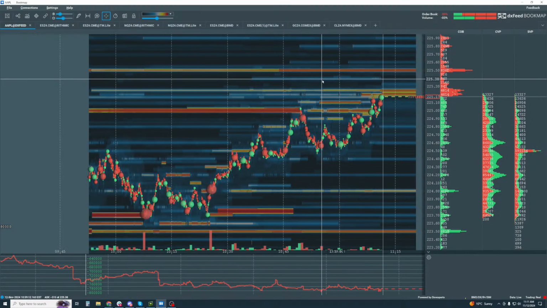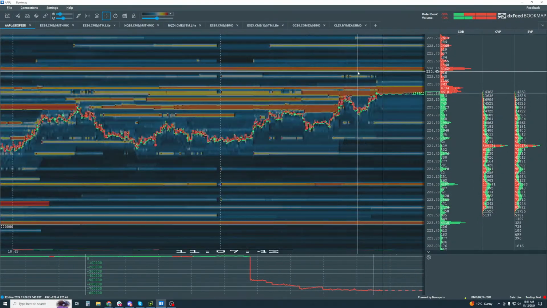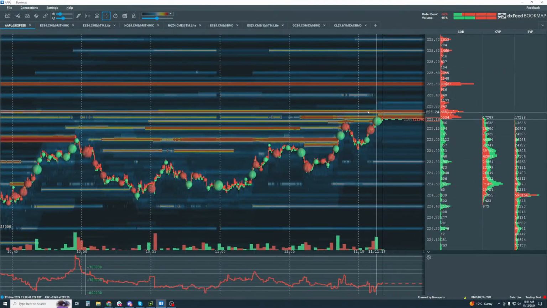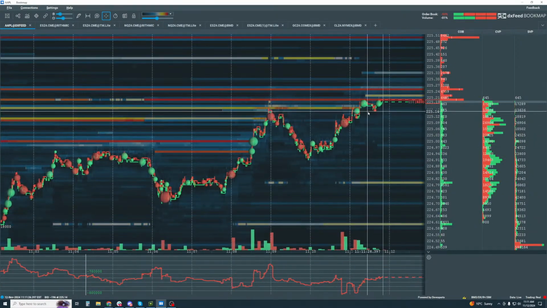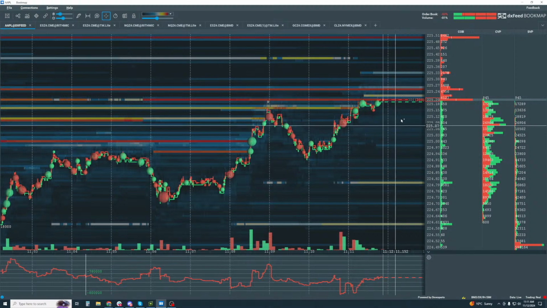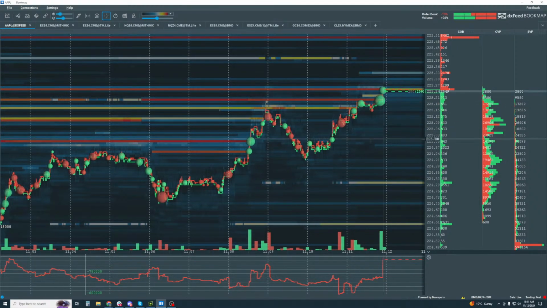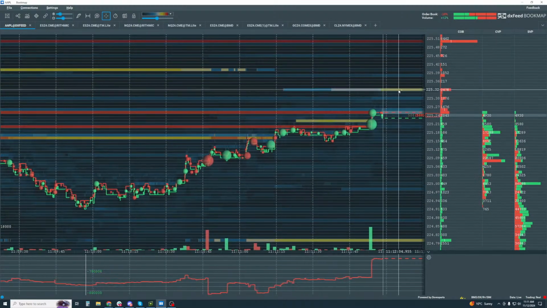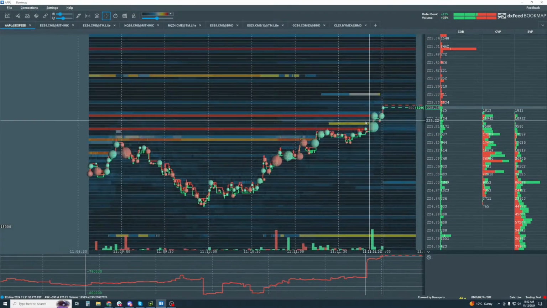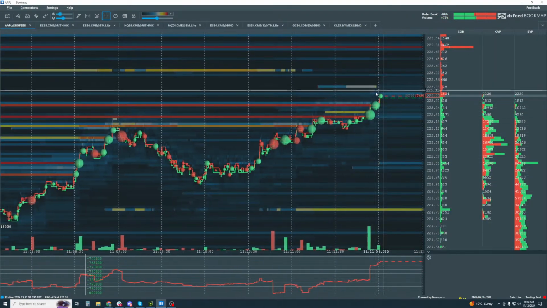Same ideas, same concepts. All right, trade into high liquidity, okay, on Apple. Hey, look at that. Now, stocks are a little different. We're looking for not only high liquidity in here, I'm looking also for the very high liquidity at some of the bigger figures.